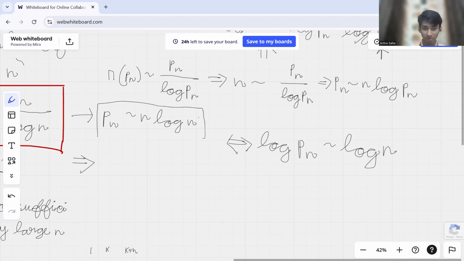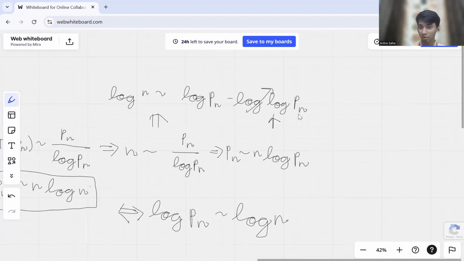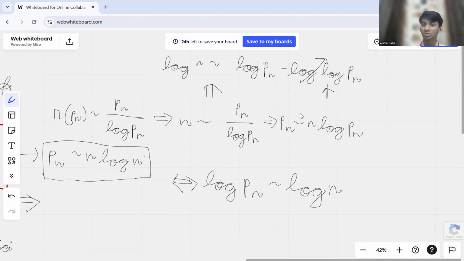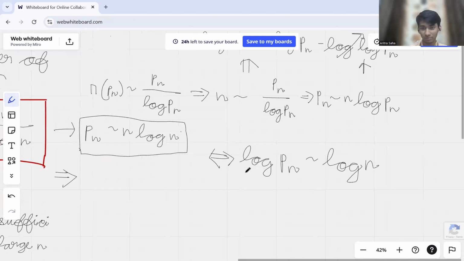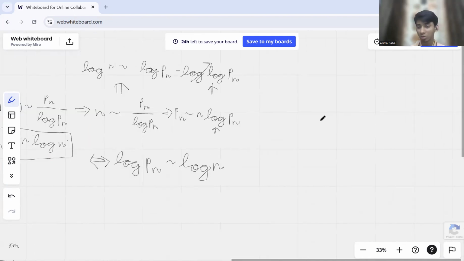n log n. Okay. As you are seeing, we are doing the minus of log of log Pn, right, which has some value. So actually log of Pn is a bit bigger than log of n, which you can see yourself too. And it is asymptotically log of Pn. So we are actually doing a lower version of it.